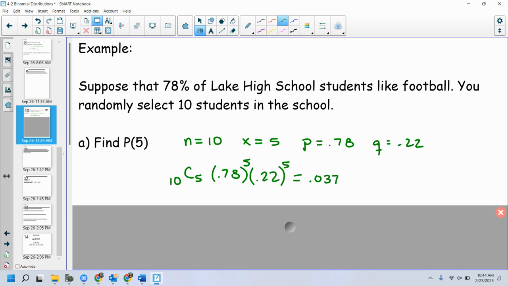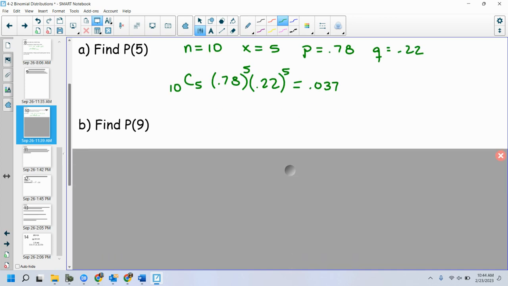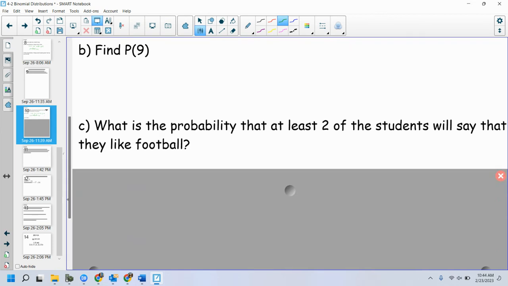If I calculate the probability of 0, 1, 2, 3, 4, all the way up to 10, all the probabilities together would be 1. So don't worry about this being small. That's okay. That's to be expected. I want to find the probability of exactly 5 students out of these 10 liking football. We don't need to find P of 9.